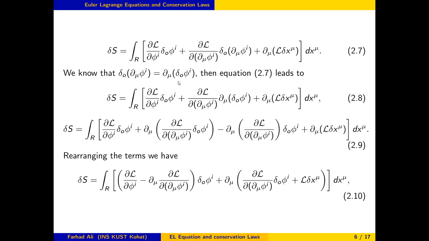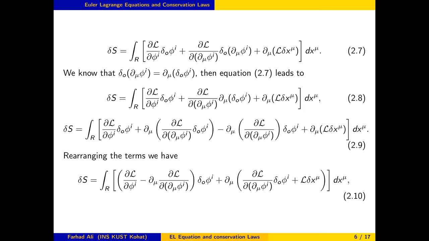These two operators commute, so we need to commute these operators to get this term. Now this term can be put in these two. You see this is the product of this one and this one, so differentiating the first one leaving the second will cancel this one, and differentiating the second one leaving the first one is this. So the net outcome of these two terms is this middle term.